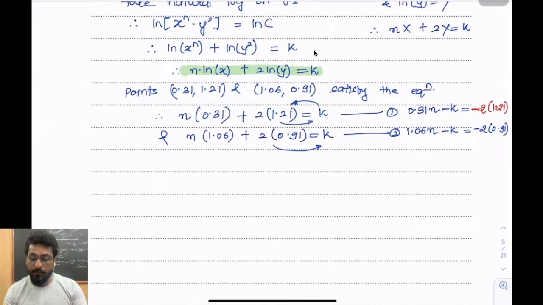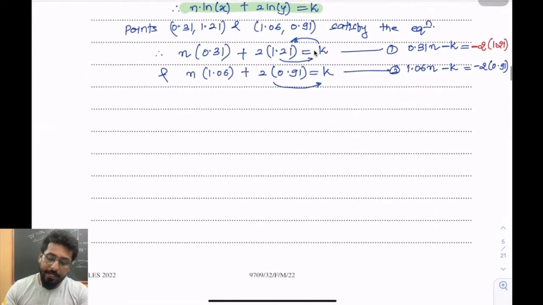Let's take the next value. You have 1.06. Okay, that's the coefficient of n from the second equation. Coefficient of k is again -1 and the right hand side is -2 times 0.91. So you're going to solve them simultaneously. You have got the value of n.